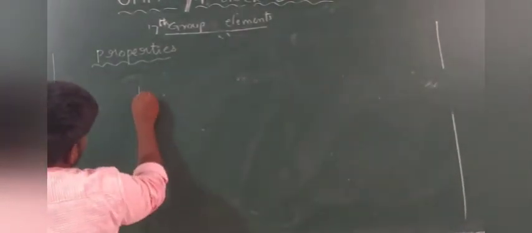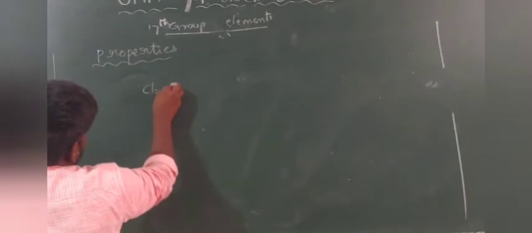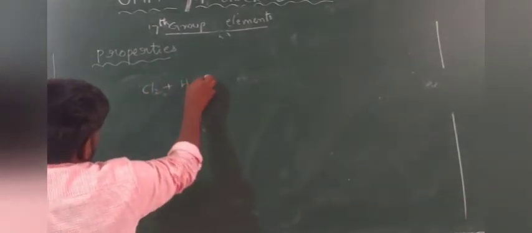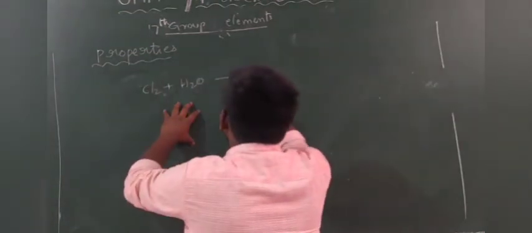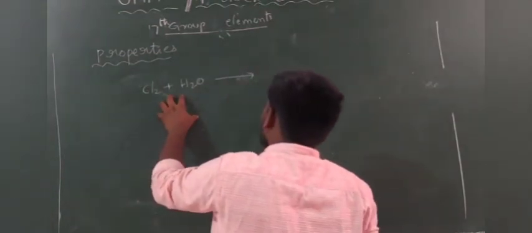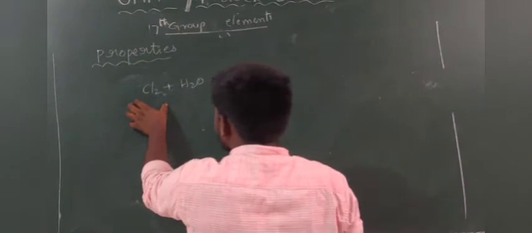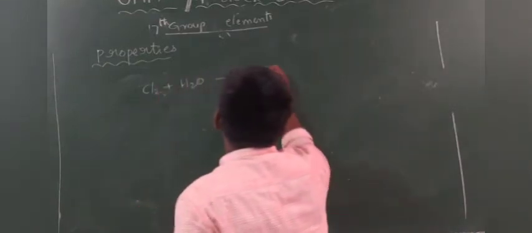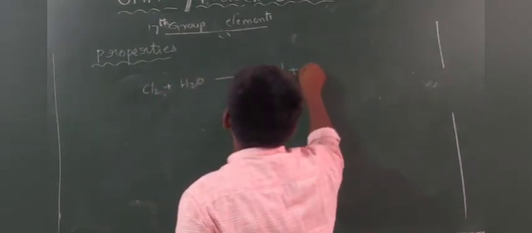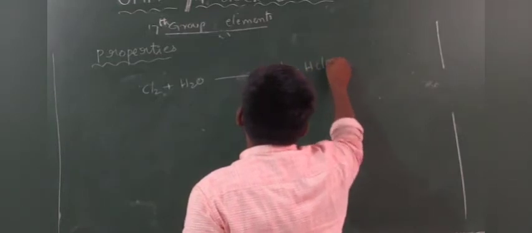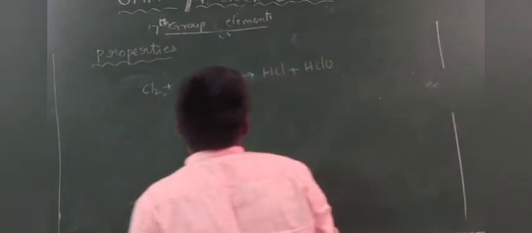So right, guys, next property. When chlorine is present in water for a long time, we can get HCl and HClO, that is hypochlorous acid.